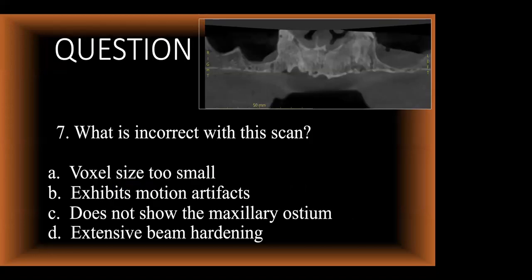Next question. If we look at this CBCT, if you look at that panoramic view up there, what's wrong with this scan? Could it be the voxel size is too small? There's motion artifacts within the scan. The scan does not show the maxillary ostium, or there is extensive beam hardening.